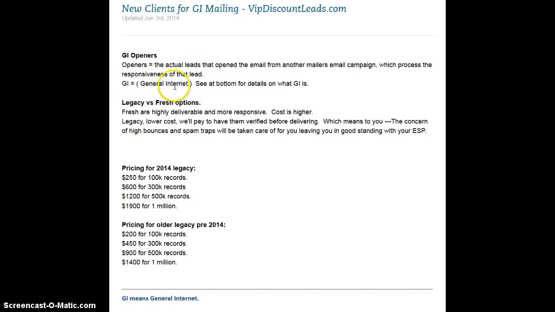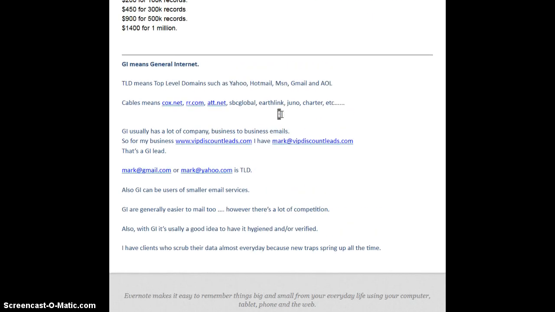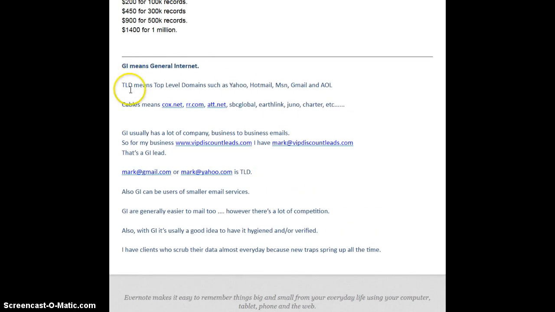GI stands for General Internet, and at the bottom here, I have an explanation of what General Internet means. For example, the opposite of general internet would be a top-level domain, like Yahoo, Hotmail, MSN, Gmail, and AOL.